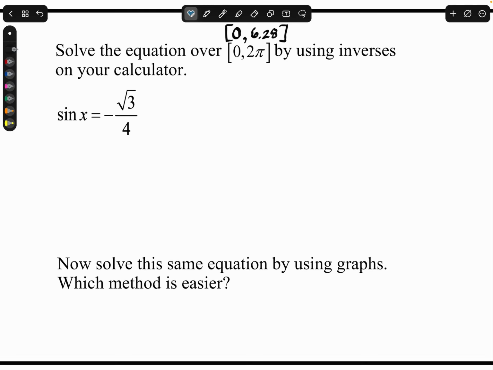Now 6.28 is rounded, but when we do 2 pi, this is just a nice convenient way of writing it, but it really is 6.28 radians.